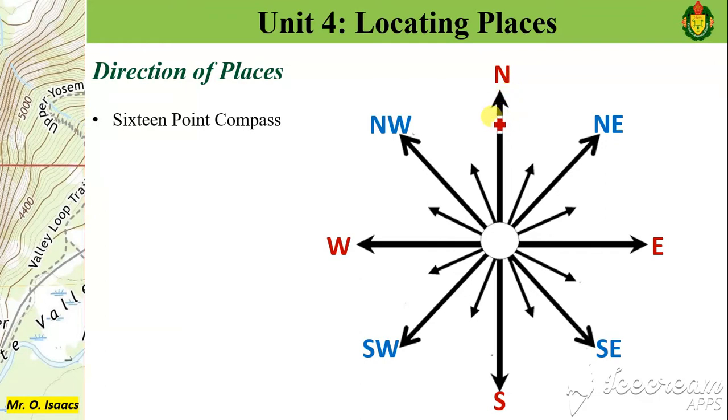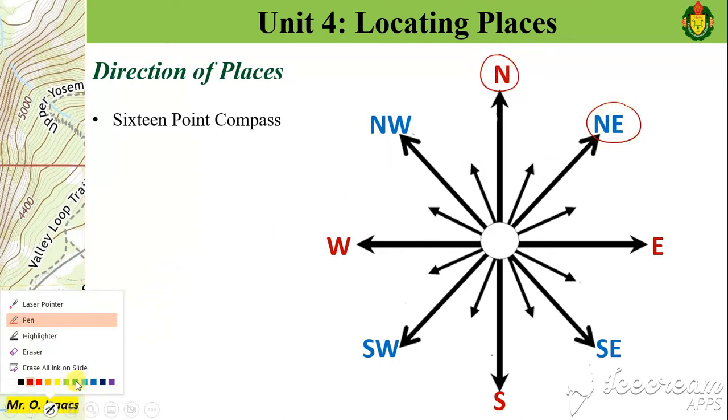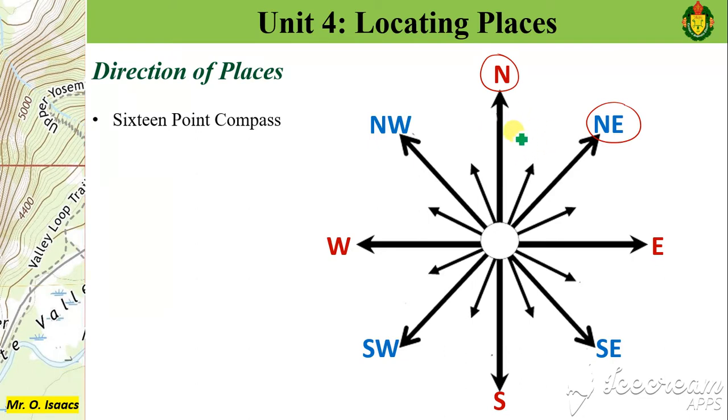So let's continue that same principle. So between north and northeast we have a point that's actually there. North is the dominant point, so we put north first and then we put the northeast, so we have north, northeast. Same principle applies between east and northeast.